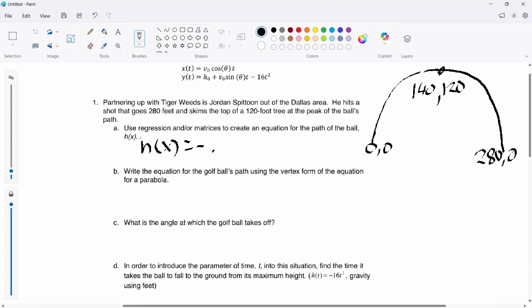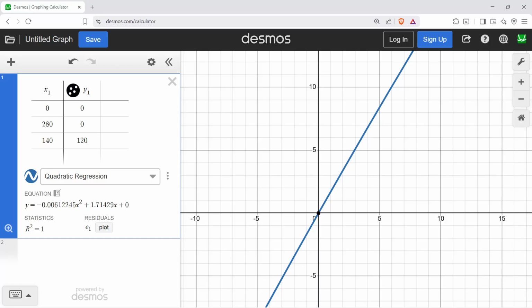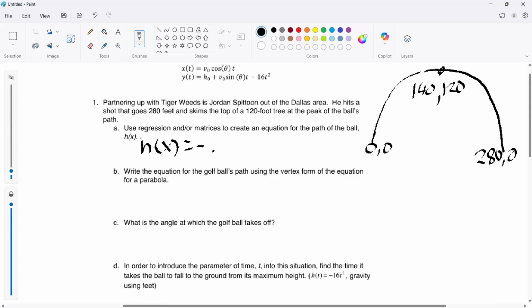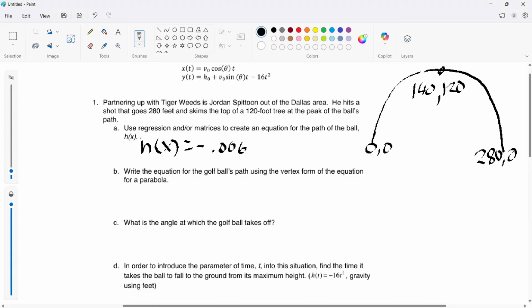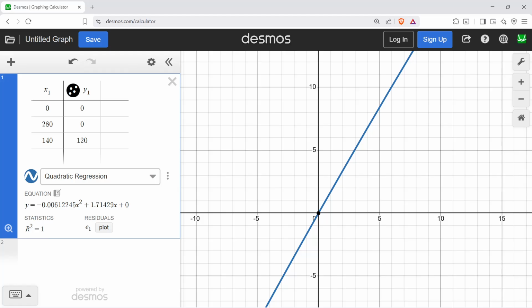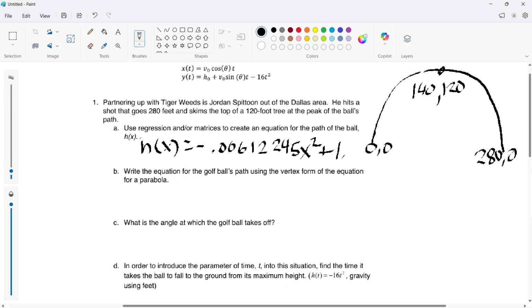negative 0.00612245 x squared plus 1.71429 x.